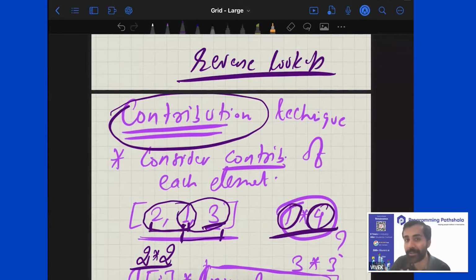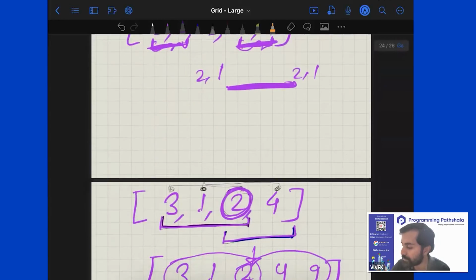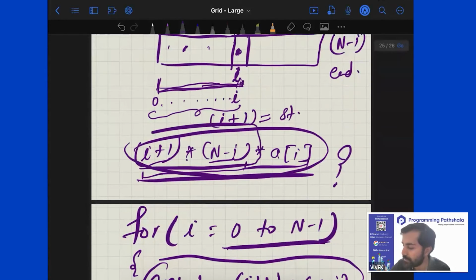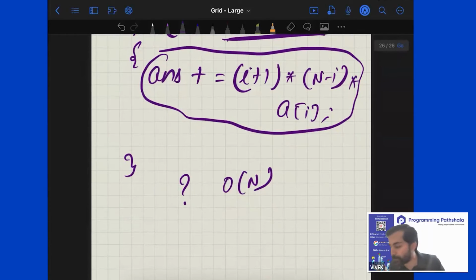So instead of listing down all the subarrays, you focus on one element and try to figure out that, hey, by what amount this is affecting my answer. So if you have to do that here, you need to know how many subarrays will contain this. For exactly the same thing, we did this much of work and we came up with this thing, multiplied it with this, and the job is done.